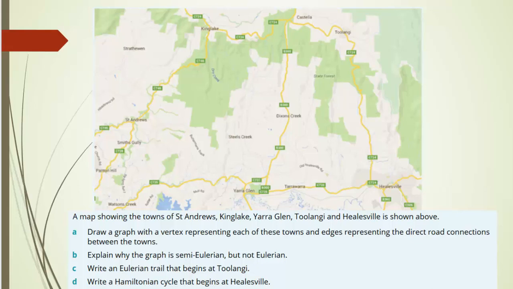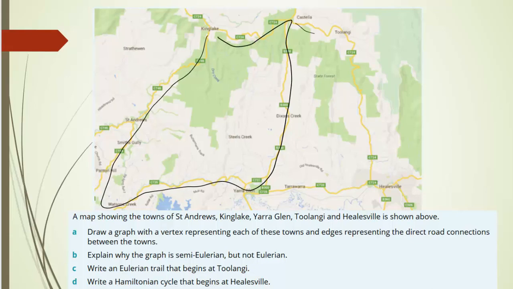Now, I could draw on here, there's lots of roads and others, but that's not quite what the graph is going to look like, because we have a town there and a town there, the 5 that they're mentioning. But we don't need to join them up with those lines.